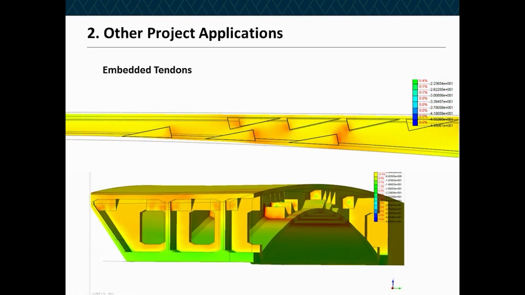On another bridge, and I can't tell you which one, but those of you that have lived in Dubai might recognize this, we were asked to investigate why there were a series of diagonal cracks between blisters. And so as a result, we actually built this model, again, completely in solids, including the blisters, which you can see there.